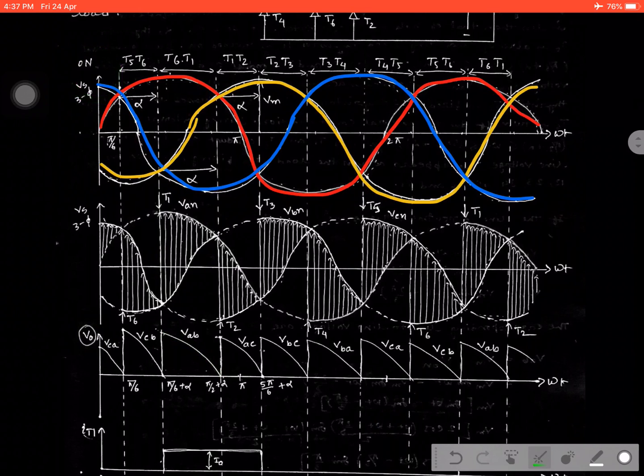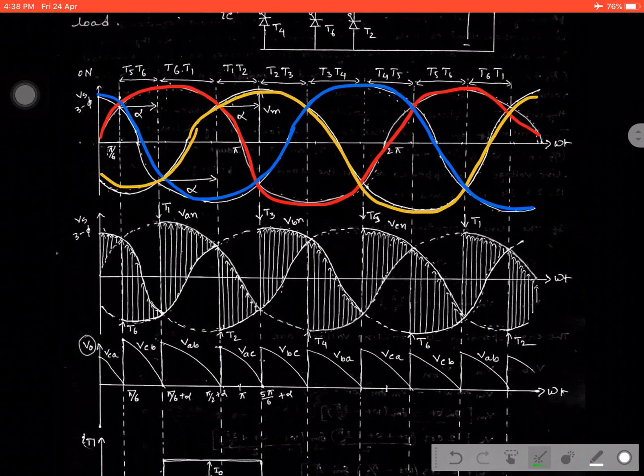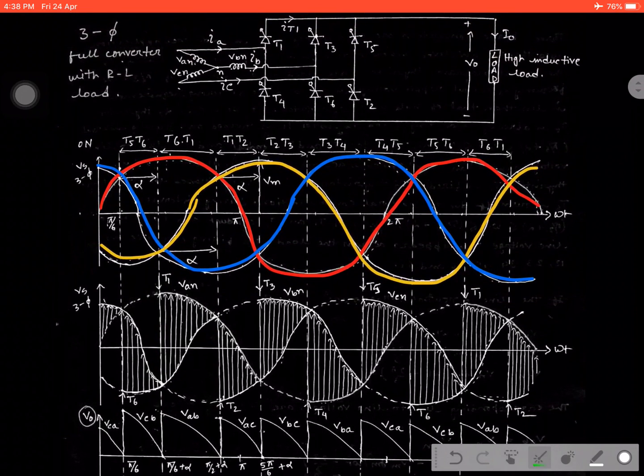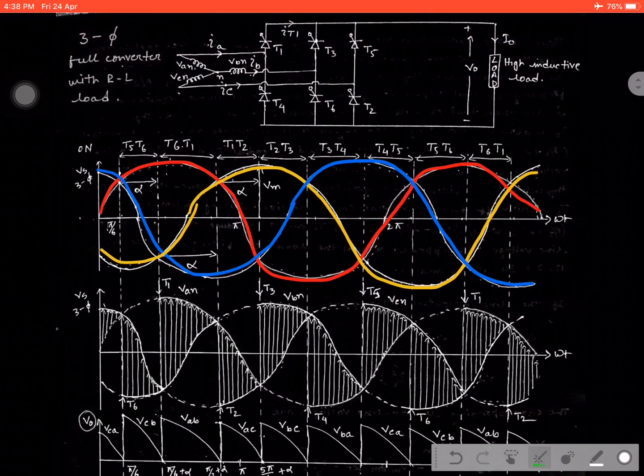Now after crossing this point, that means after crossing 90 degree or pi by 6 plus 60, or pi by 6 plus alpha, what happened? See, at this condition T1 and T6 were in conducting state, and the voltage was VAB.